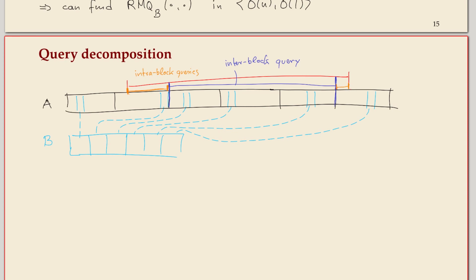So any query, a general query, can be written as: find the minimum of one long inter-block query and 2 small intra-block queries.